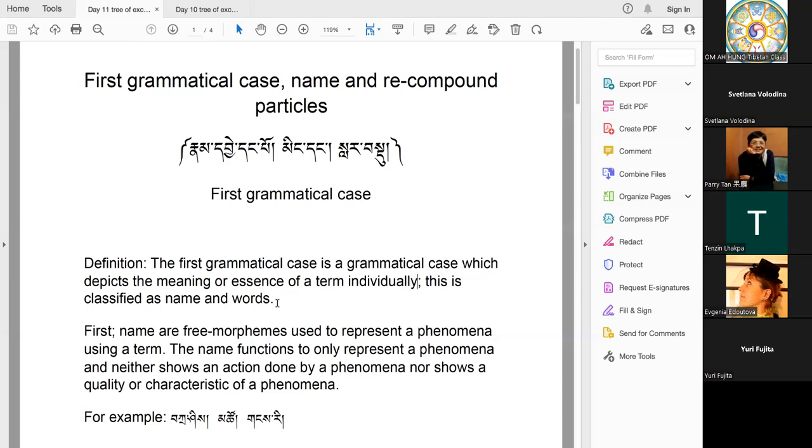So when I say individual, please be careful. It doesn't mean that it doesn't depend. It just says that the name refers to an individual. So I'm not going to use independent. I'm going to use individual. So it's an individual term which represents an individual phenomena.